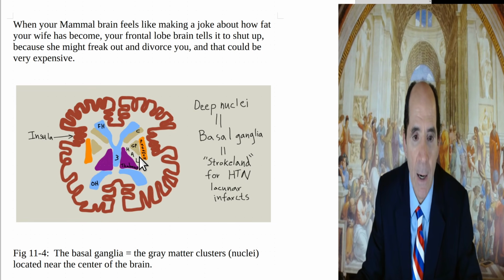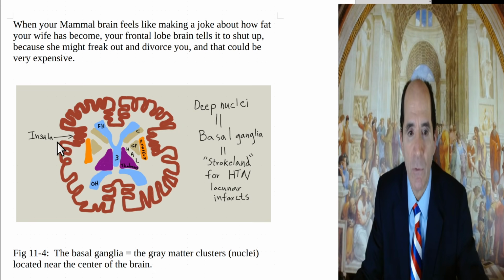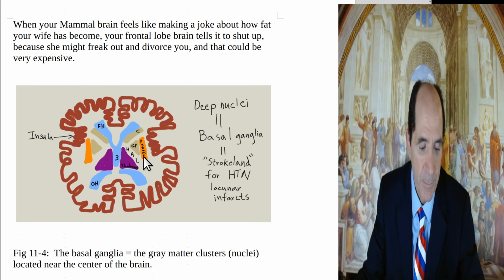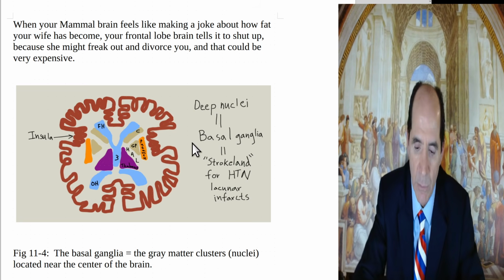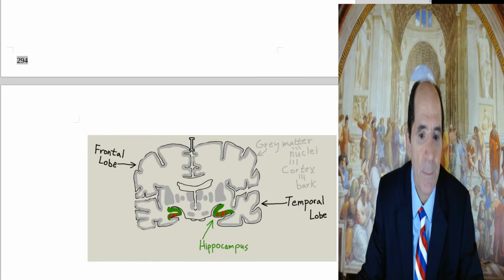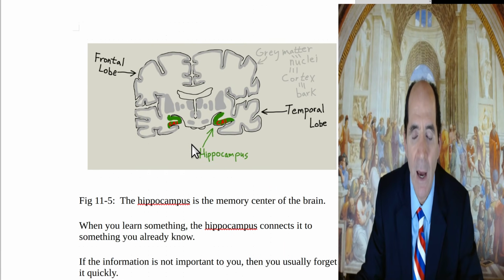Okay, the insula is like this little island of cortex that's indented into the brain right next to the putamen. And this is the external capsule, the white matter outside of the putamen. There's a little thing in there called a claustrum, which we don't have room to show in this picture here.